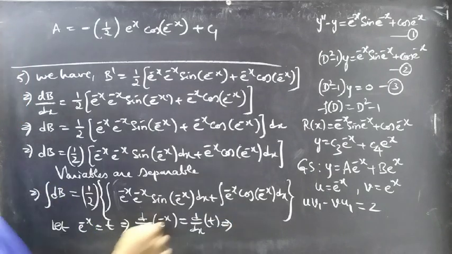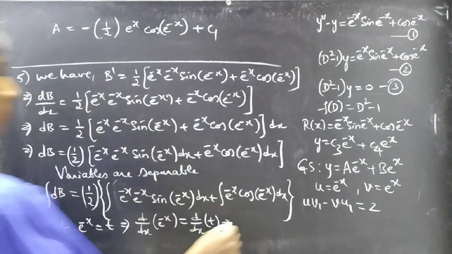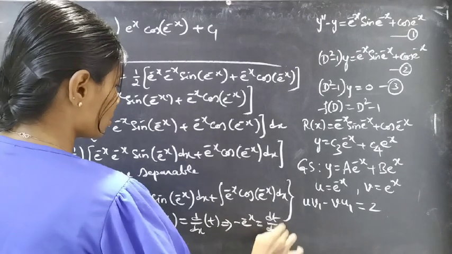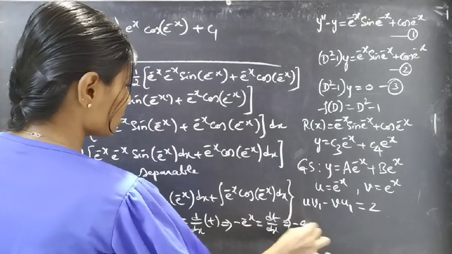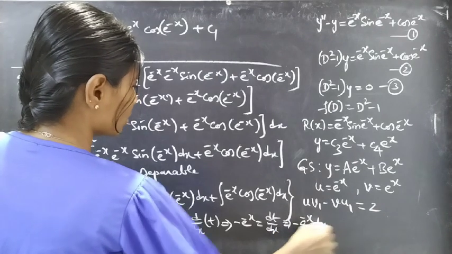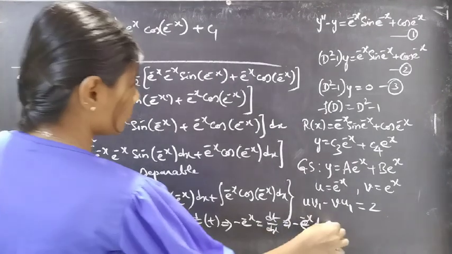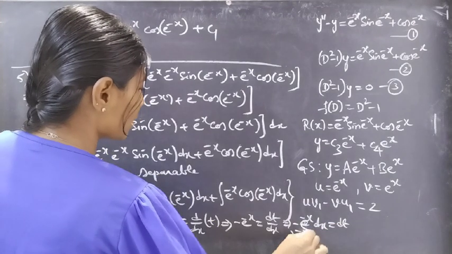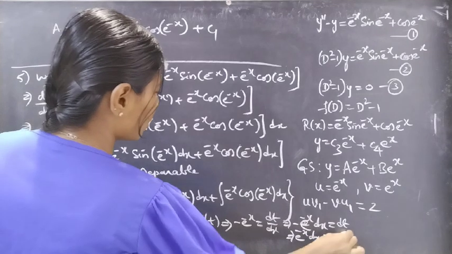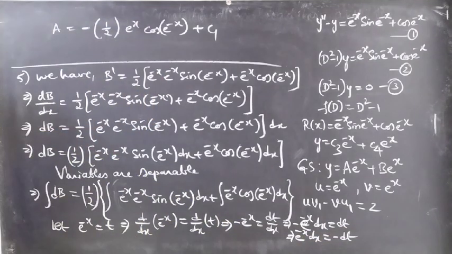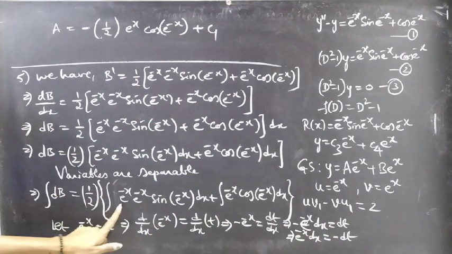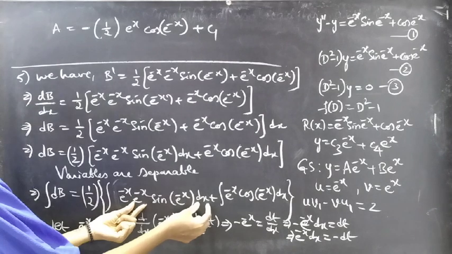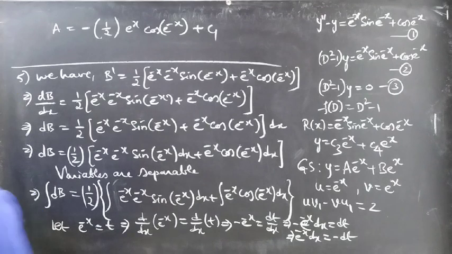We'll get derivative of e power minus x with respect to x is minus e power minus x equal to dt by dx, which gives us minus e power minus x dx equal to dt, or e power minus x dx equal to minus dt, right? Now we can replace e power minus x with t and e power minus x dx by minus dt.